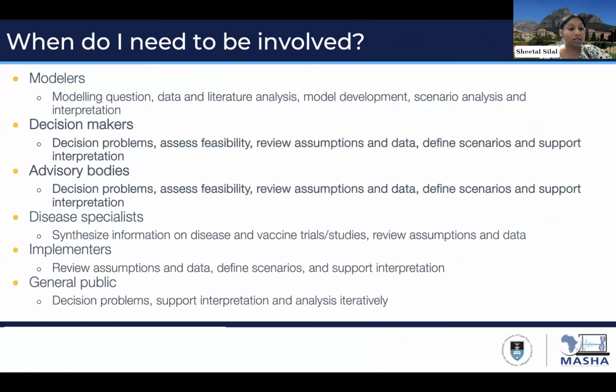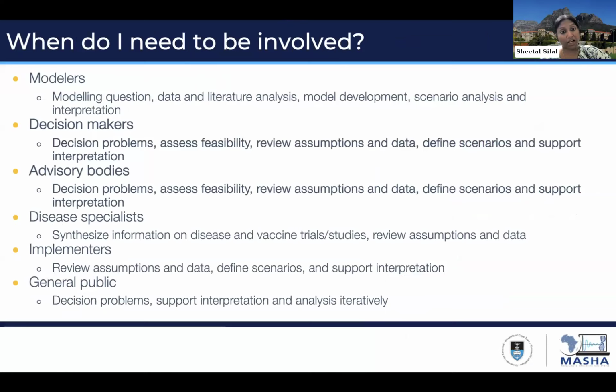Let's start with the modelers. The modelers are typically involved in understanding what the modeling question is. What question will their model be able to answer? They will be involved in doing an analysis of existing data and doing a literature review or analysis.